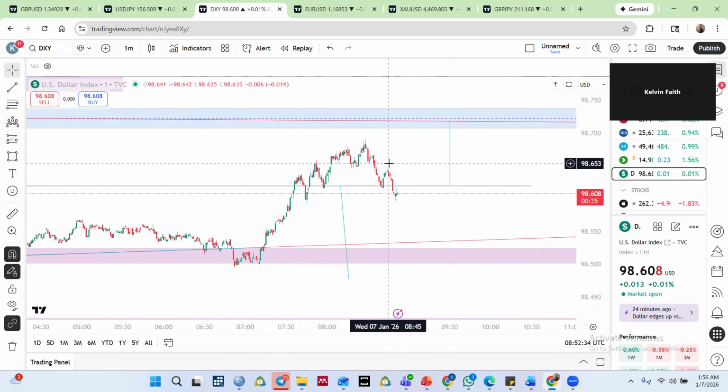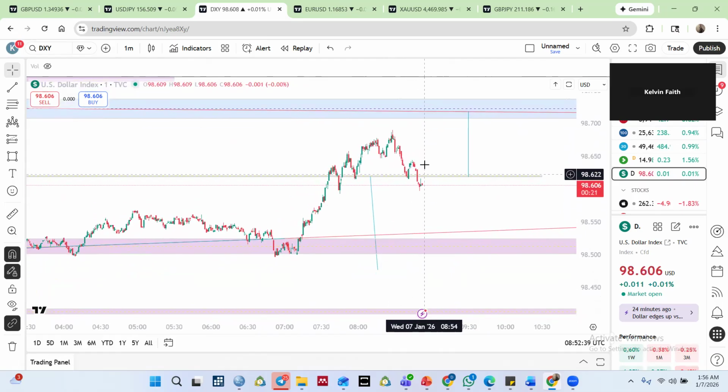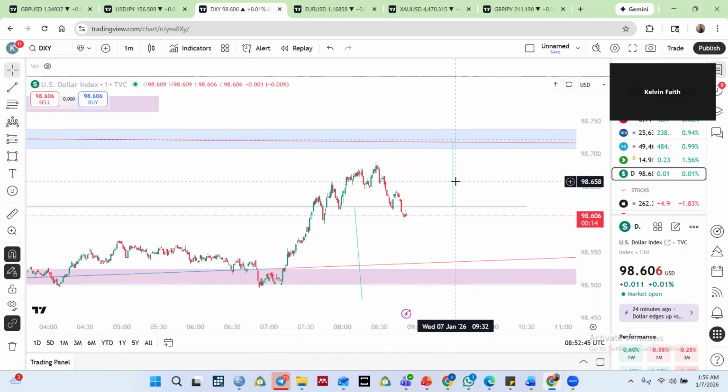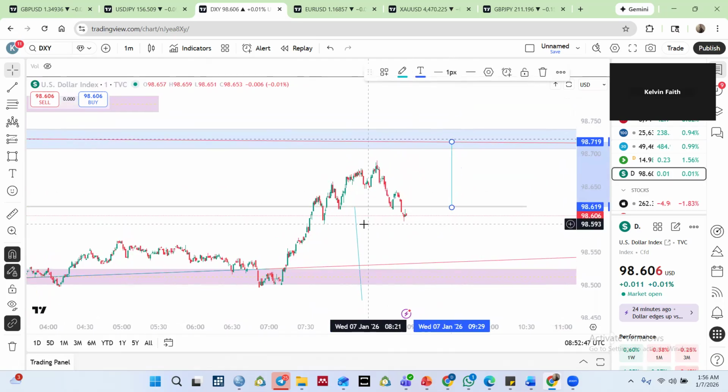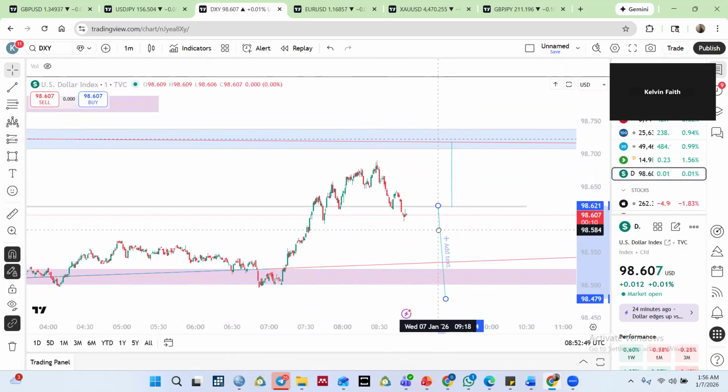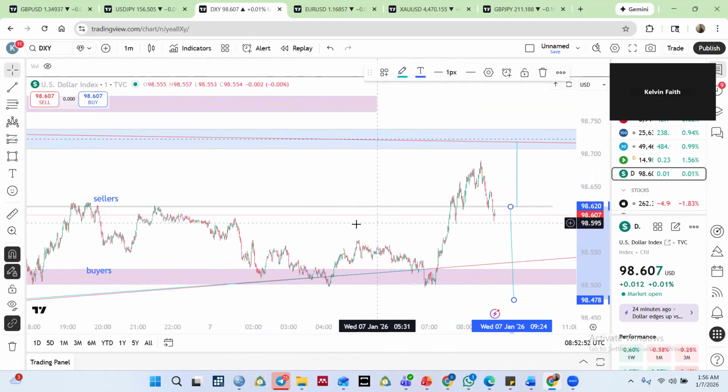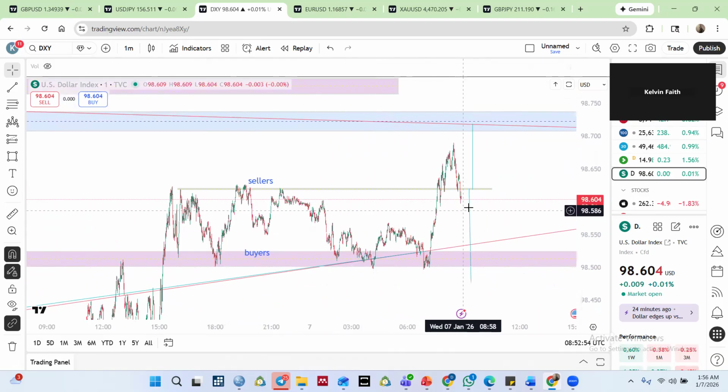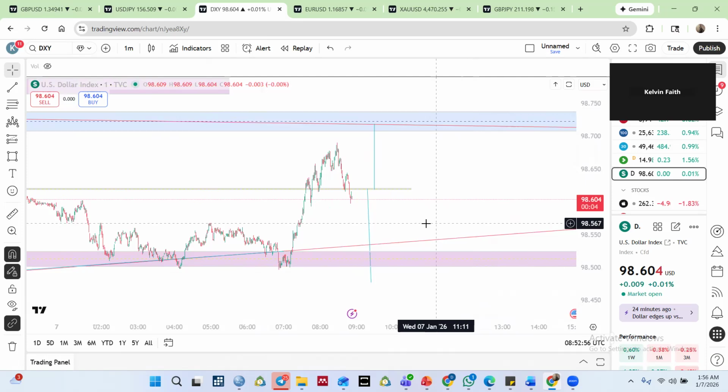It bought just a little bit, and now we are crashing that same area. So if it continues making lower low, lower high, lower low, lower high from the 1 minute, I don't think price is going to be buying. So which means below this specific area here, sellers should be able to drive the market down.